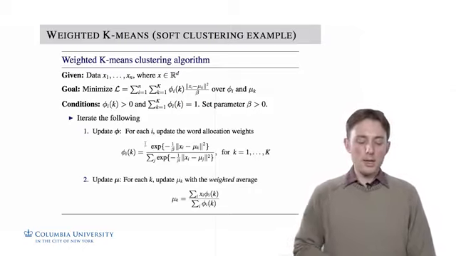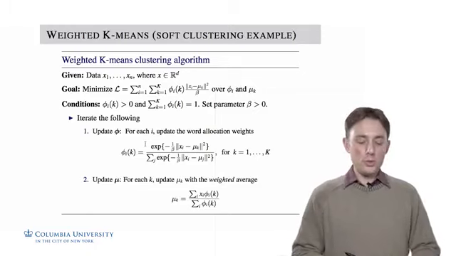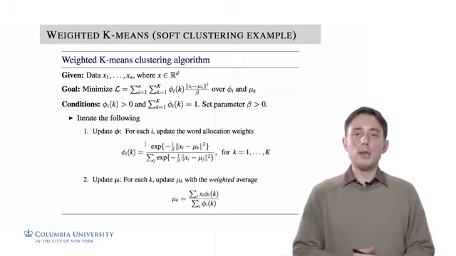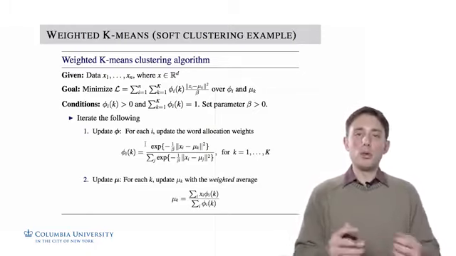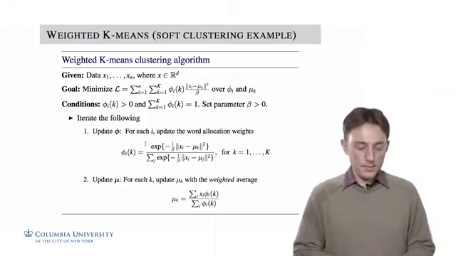So this is how we take proximity to the cluster centroids into account to break the responsibility for a given data point across the clusters according to how close that data point is to each cluster.